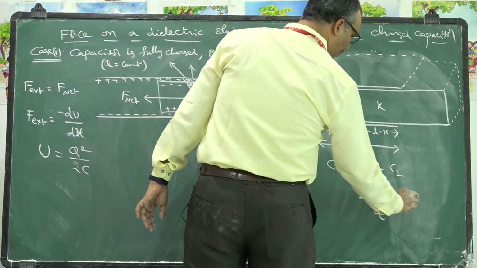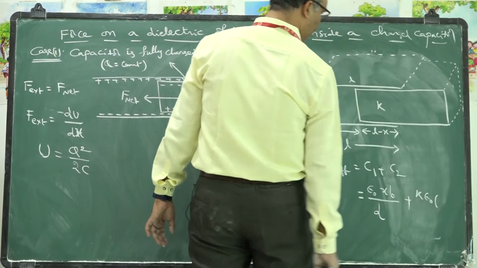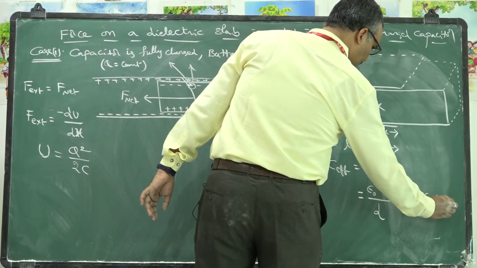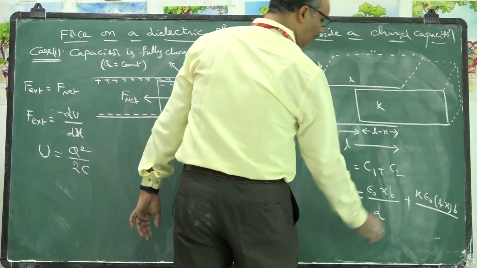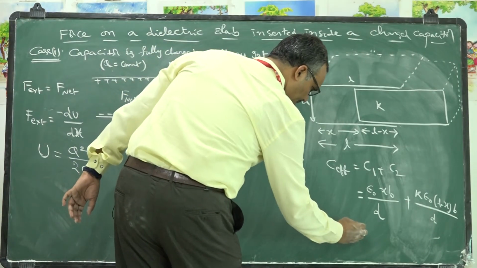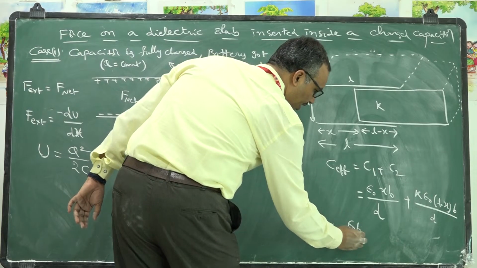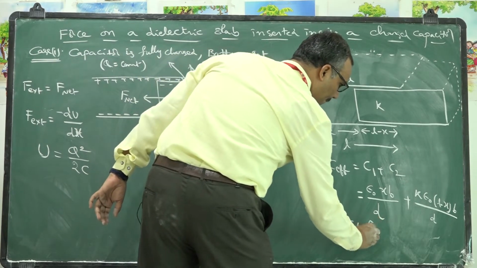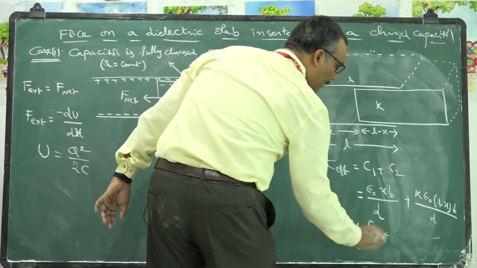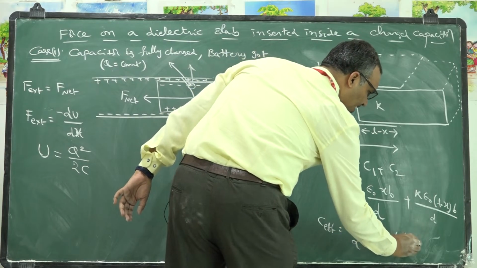For the remaining part, it is k epsilon naught A by D, with k into epsilon naught, length L minus x, into B as the area of the plate. The separation is D. Taking epsilon naught B by D common, the effective capacitance is epsilon naught B by D into x plus KL minus KX.